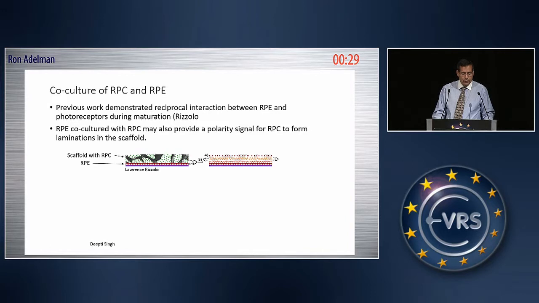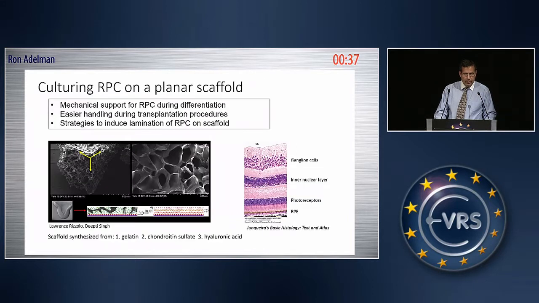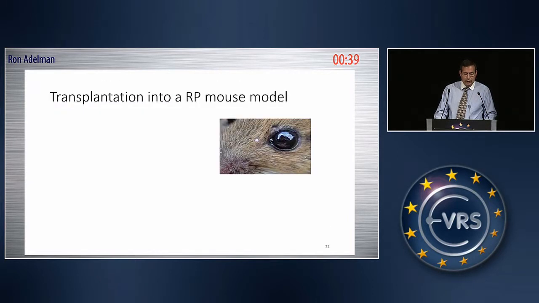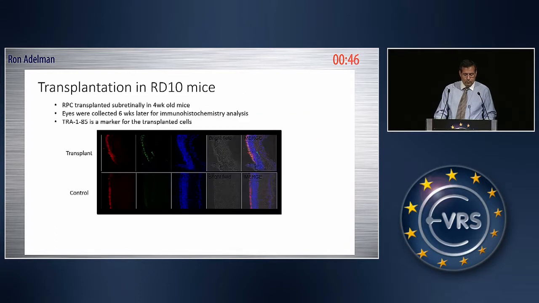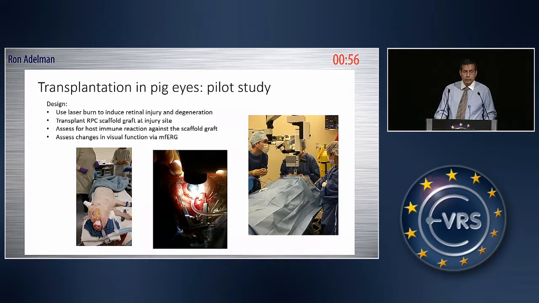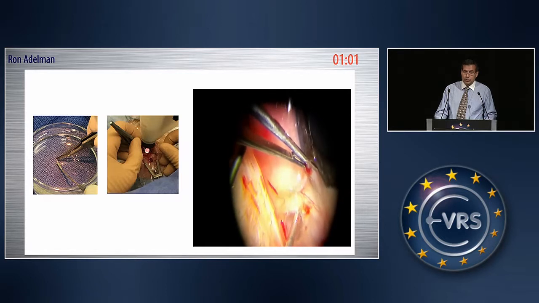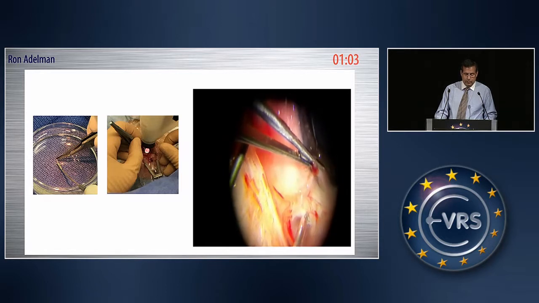And that's where the co-culture comes from. So we can transplant those co-cultures, use them in a scaffold, and transplant them into a retinitis pigmentosa mouse model by injecting them under the retina. This is an example of what happens in RD10 mice, where more outer nuclear layer is preserved in this model. And we have also tried that in pig models, transplanting the sheets of cells under the retina.